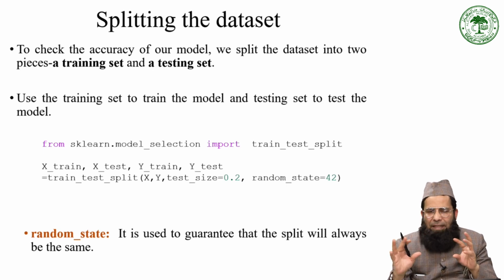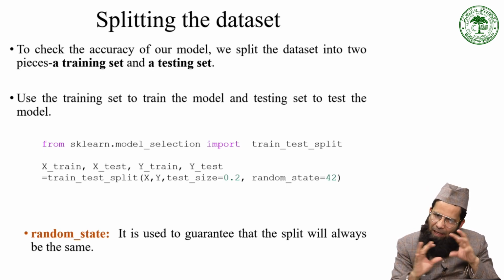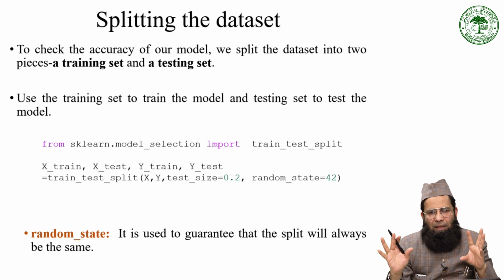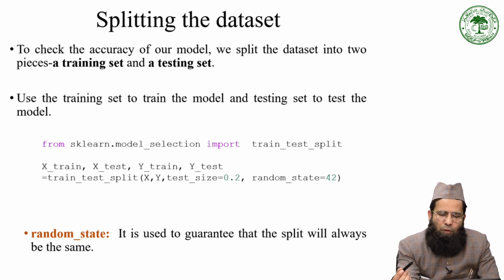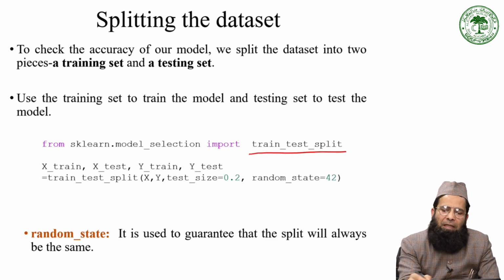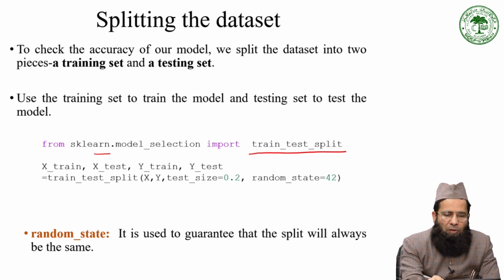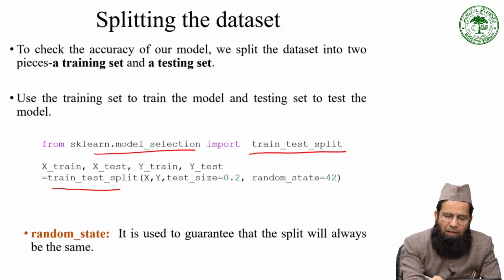For splitting the dataset, Sklearn has support for that. So what do we need to import? We need to import the train_test_split module that comes under sklearn.model_selection. In this method we pass the actual independent features, the independent variables, and this is the dependent variable.